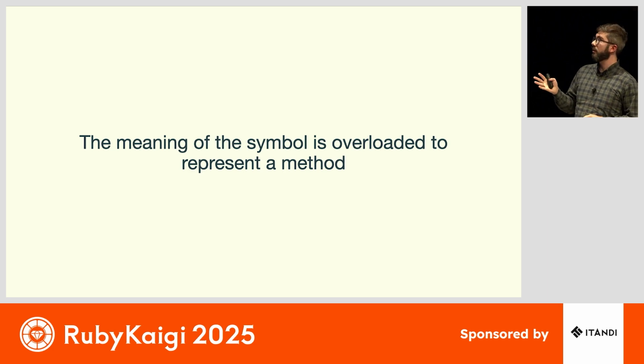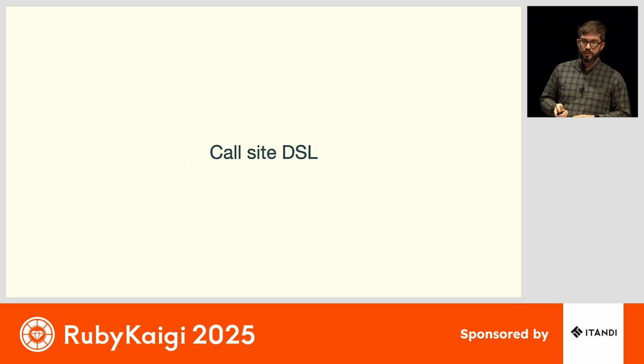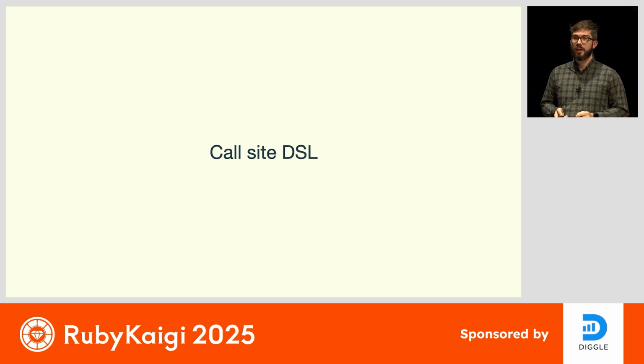But in this particular Rails API, it is overloading the meaning of symbol to be method names that are available in objects of the post class. We're going to call this one a call site DSL. And the contrast is just because the Ruby LSP gives us different APIs to handle each one of the types of DSLs.